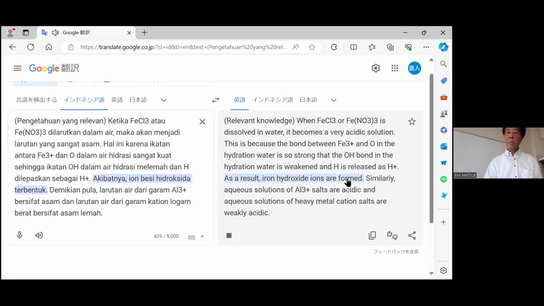As a result, iron hydroxide ions are formed. Similarly, aqueous solutions of Al3+ salts are acidic and aqueous solutions of heavy metal cation salts are weakly acidic. So maybe you know that iron salts show strong acidity. So this is the mechanism.